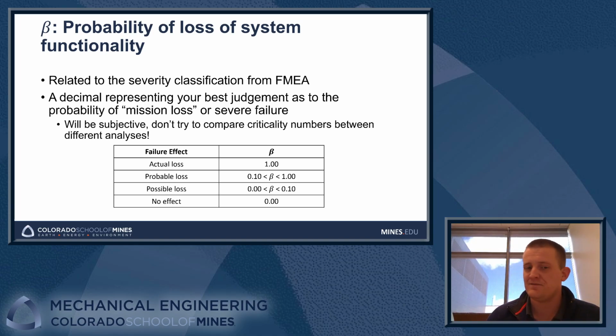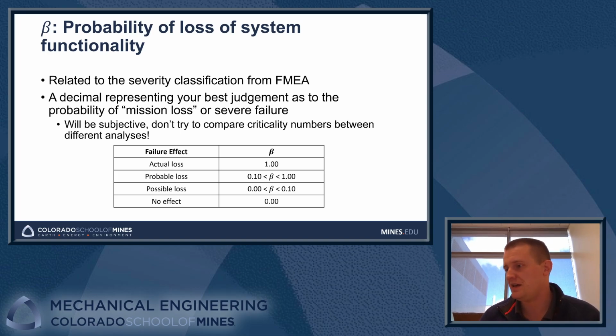So if you have a failure mode, and if that failure mode occurs, you're definitely going to have a severe failure and you're going to lose your prototype or somebody could possibly get hurt, then we'd say the beta is 1. There's a 100% probability that we have a severe failure if this given failure mode occurs.